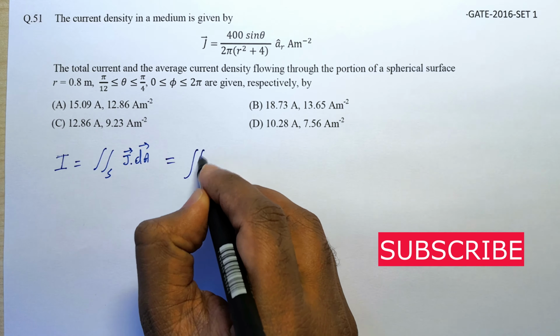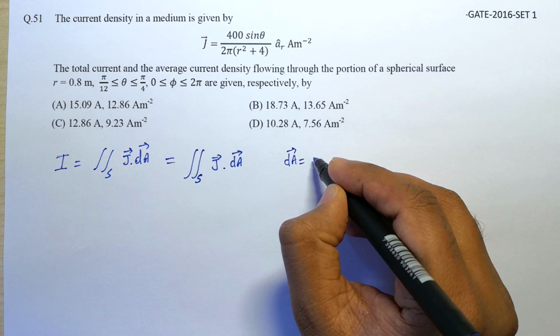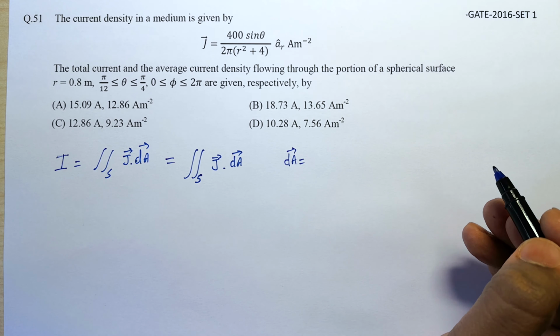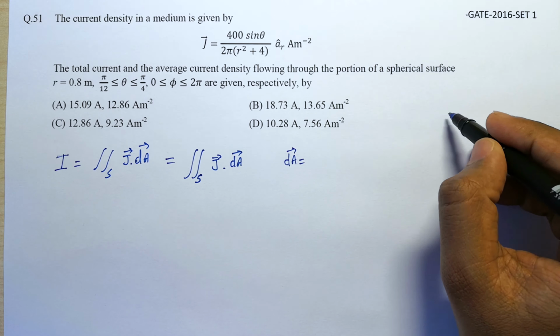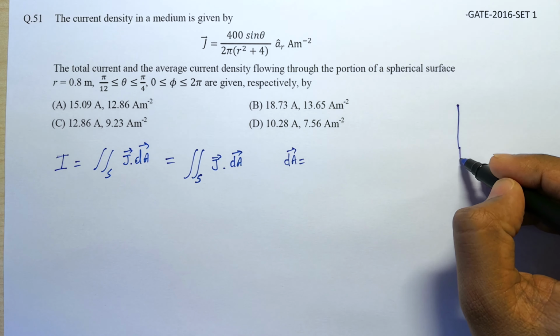where it is over a spherical surface, and we know that dA for a spherical surface, which is this small incremental area, can be written as dA is equal to, so I am just going to write this small incremental area of a spherical surface. For that I will just draw a small schematic.